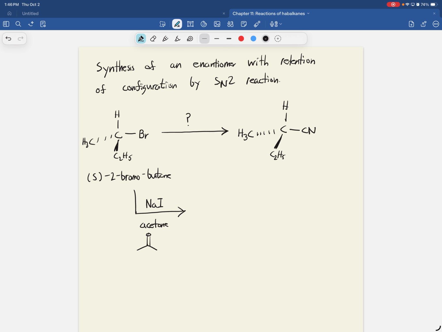So if we do this reaction, the bromide with sodium iodide, what do you think the product is? Yeah, good. R, iodo.